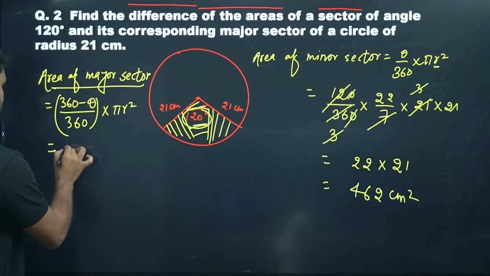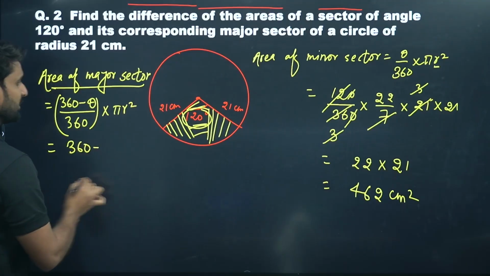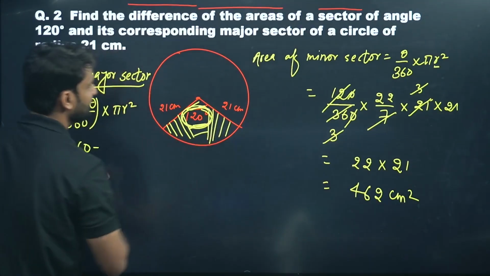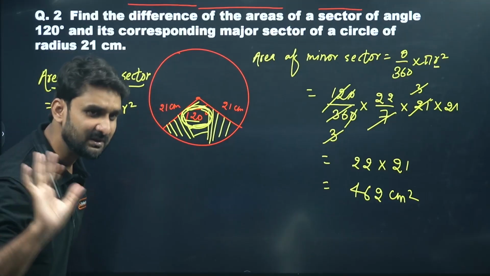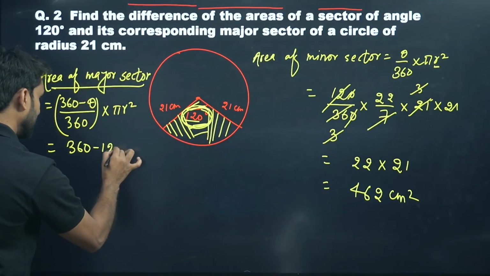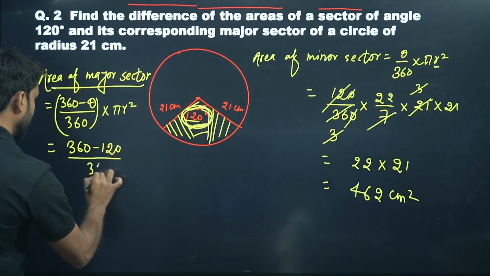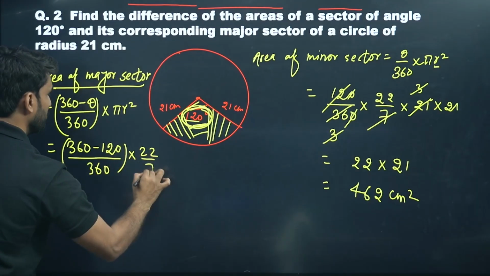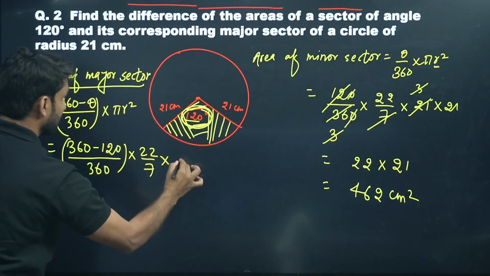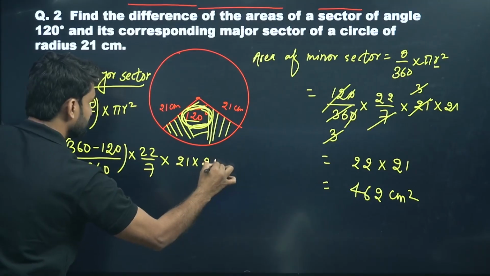Okay, so 360, theta is what? I have already told you theta is this. Always take theta 120 degrees, the central angle, the angle which is present inside the minor sector. So 120 by 360 into pi, we know pi is 22 by 7 and radius square 21 into 21.